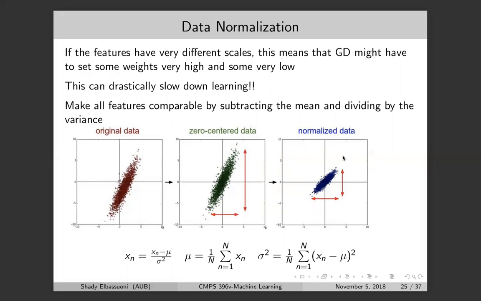That would normalize the data, making it zero centered and between 0 and 1. How do you make it zero centered? By subtracting the mean. And then by dividing by the variance, you make it normalized between 0 and 1.